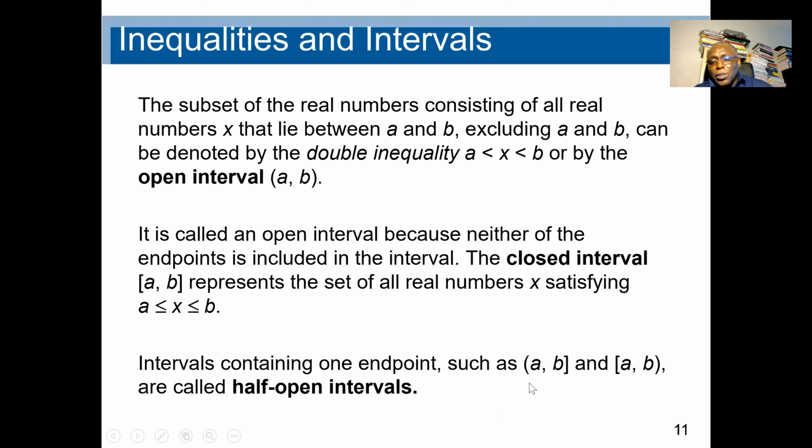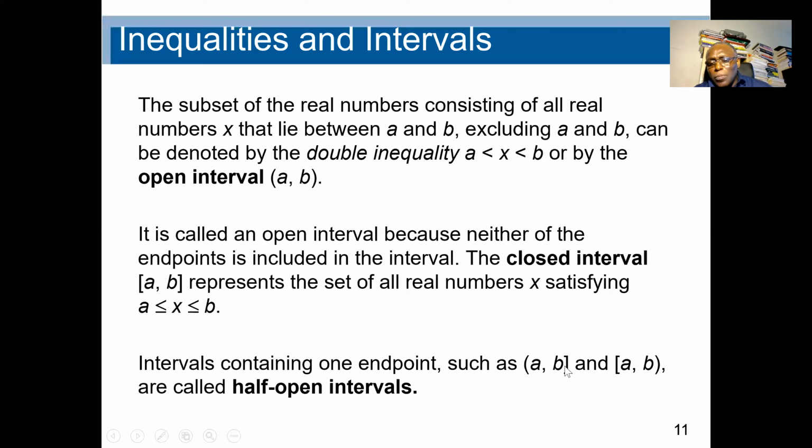Now we use two symbols. Parenthesis, in my arrow here, is the open interval symbol, and the square parenthesis is the closed. So if I have open a, b, let's say x again, this means x is greater than a and less than or equal to b.